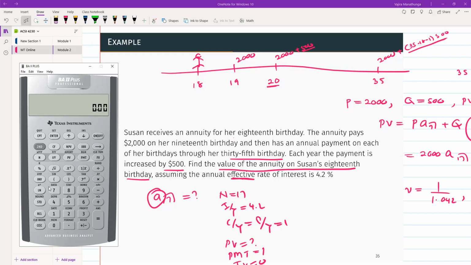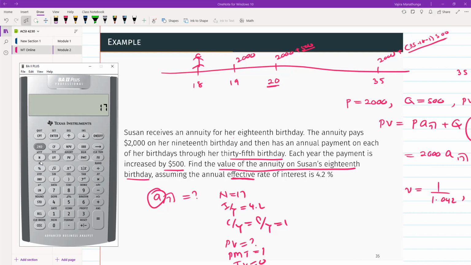So let's calculate the value of that annuity symbol. So N is 17, 4.2 for I/Y, and P/Y is going to be 1. Just make sure we enter 4.2 for I/Y, then the payment is 1, future value is 0, and I'm computing present value.